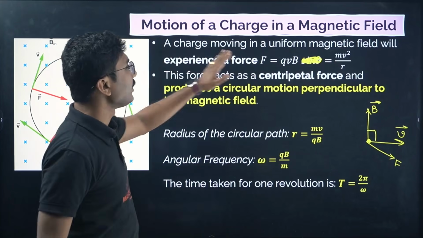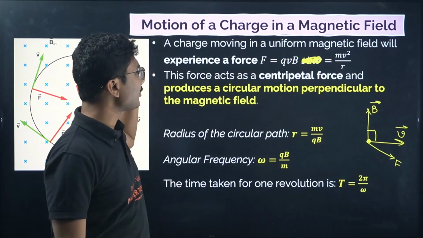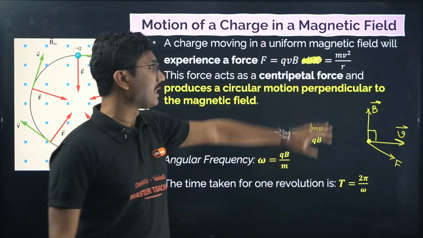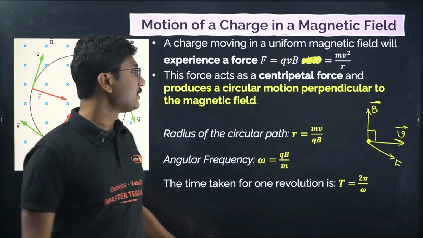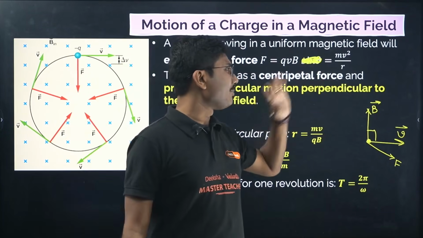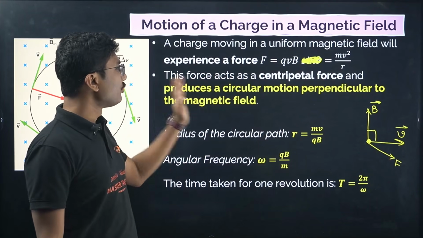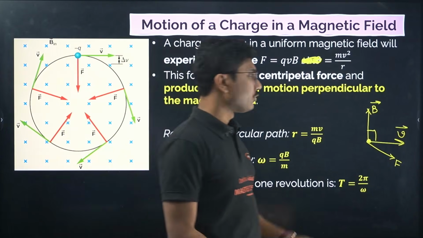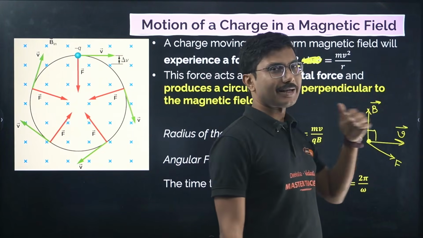A charge moving in a uniform magnetic field will experience a force F equals QVB, and that force acts as a centripetal force and produces a circular motion perpendicular to the magnetic field. So it is perpendicular to both velocity and magnetic field.